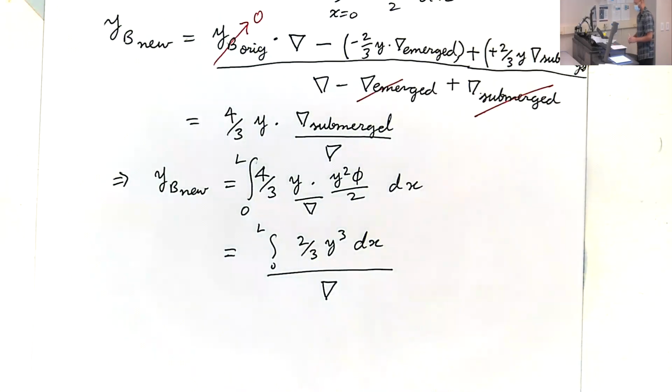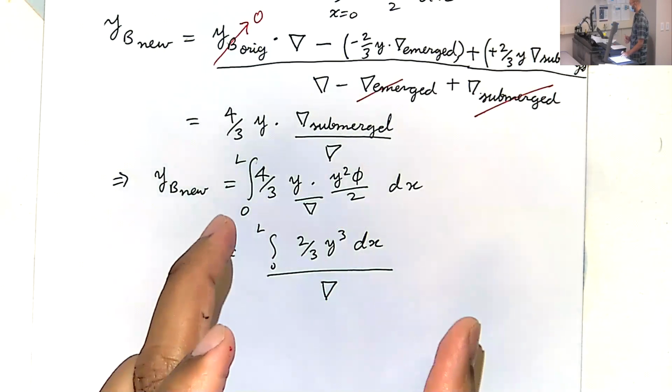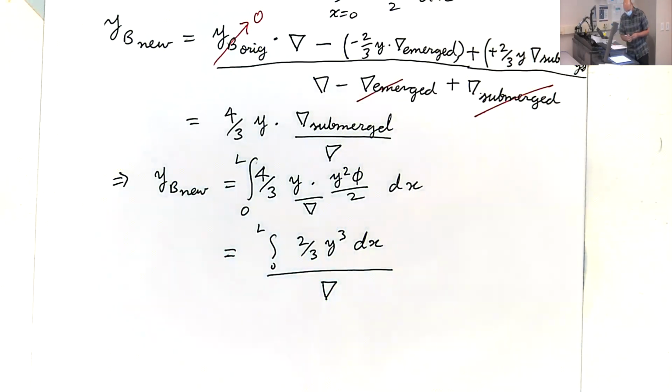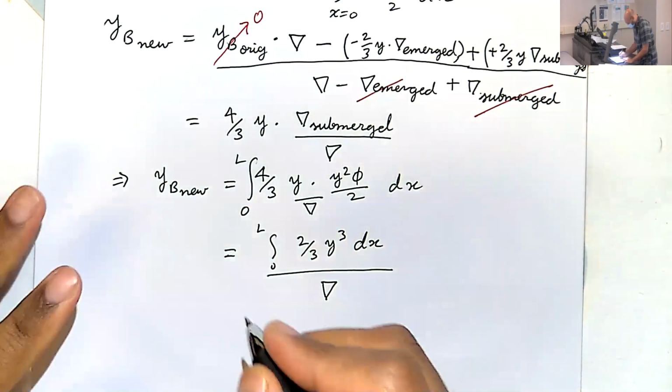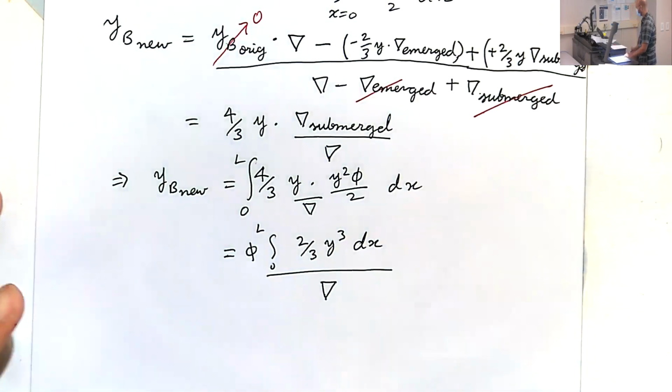So when we tilt our hull, that is the new lateral position of our center of buoyancy. I missed a phi here. Phi is the constant roll angle, so we just take it out of the integral.